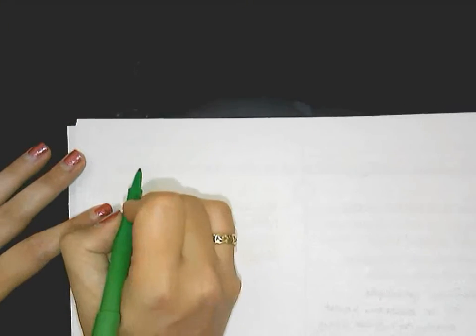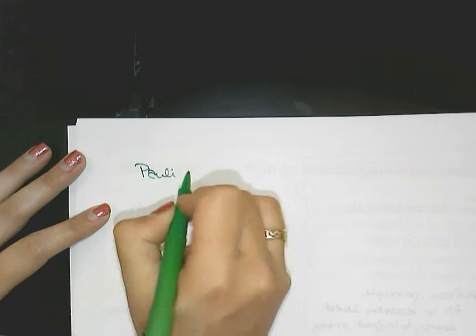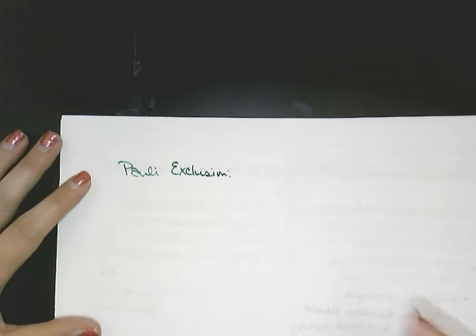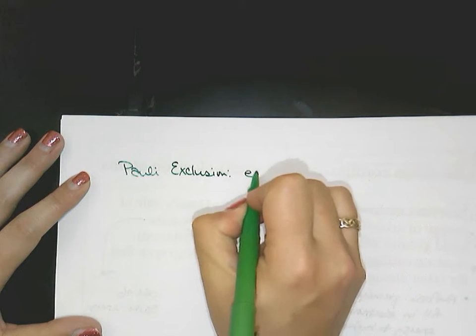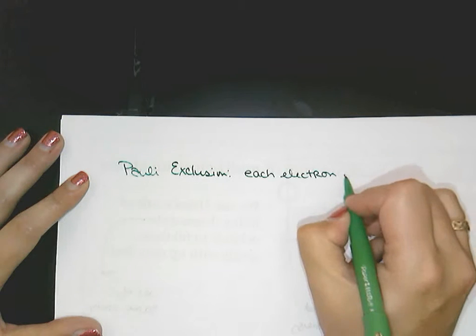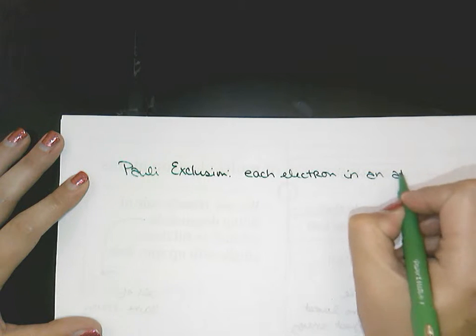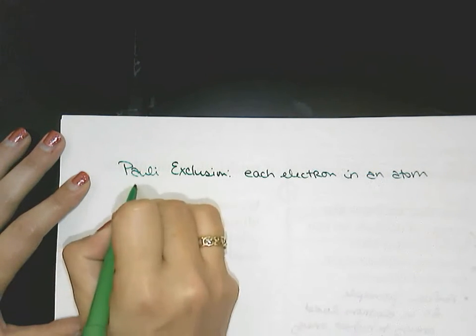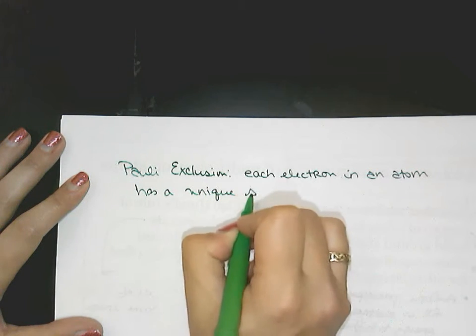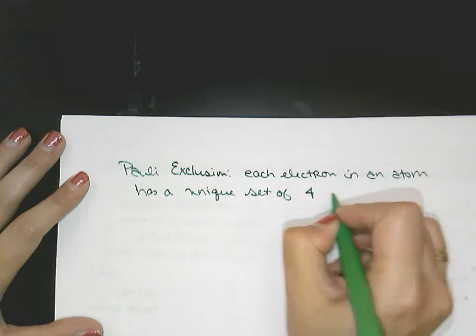All right, so there's Pauli. There's the Pauli exclusion principle. This states that each electron in an atom has a unique set of 4 quantum numbers.